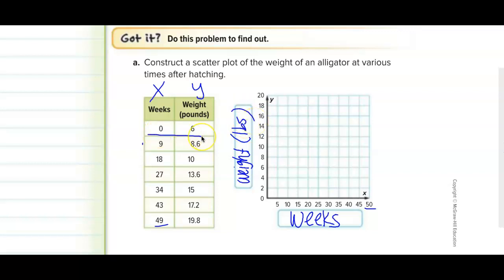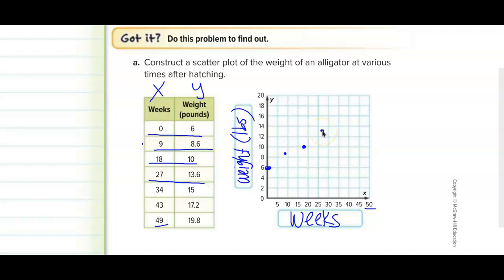So the first one is 0, 6. Then we have 9, which is about 10, not quite, and 8.6, so just a little bit above 8. 18, 10, so closer to 20 than 15, and then go up to 10. 27 and 13 and 6/10, so I go over in between 25 and 30, and I go up in between 12 and 14.